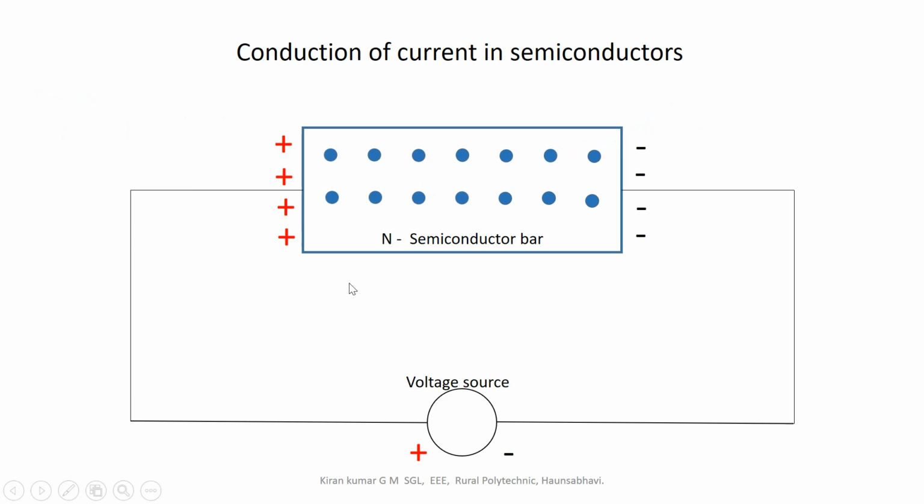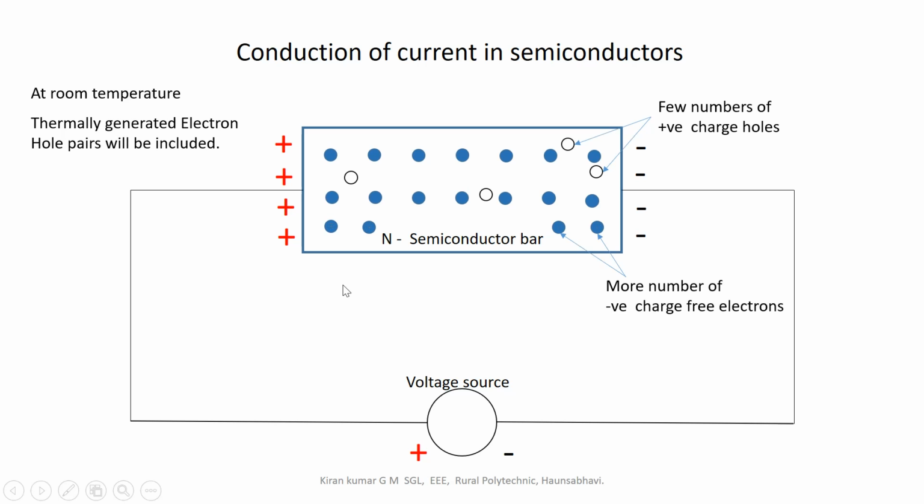When this N type of semiconductor bar is brought into the room temperature, thermally generated electron-hole pairs will be included in the N type of semiconductor bar, creating more number of negatively charged free electrons and only a few number of positively charged holes.